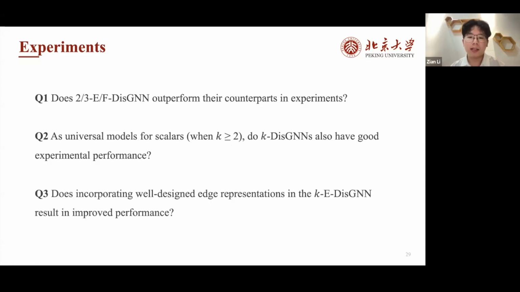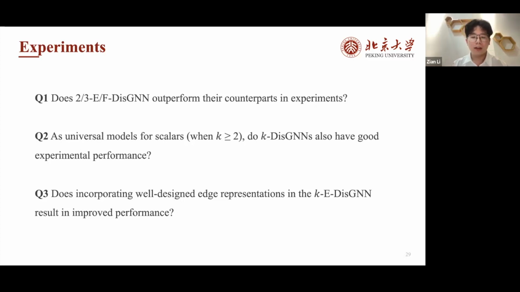In the third question, we want to see whether incorporating the well-designed edge representation in our k-DisGNN results in improved performance. Theoretically it is better when we add edge representation or edge relation into k-DisGNN, but we want to see whether it adds any bias, or whether it improves our experimental performance.